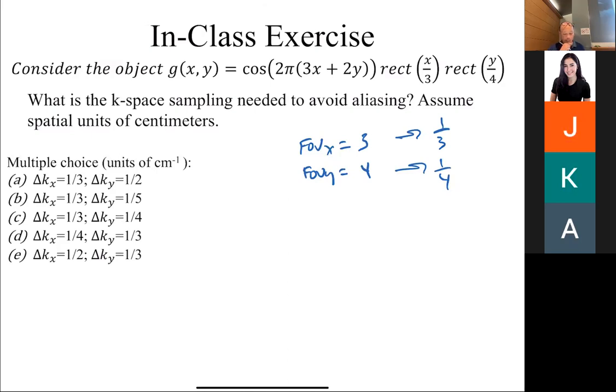So the idea is, why would you maybe not pick B? It's actually a real question. Let's say you were out there working for Siemens or GE or Philips, all the big ones, Toshiba, Canon, whatever. And you're asked to design the delta kx and delta ky.